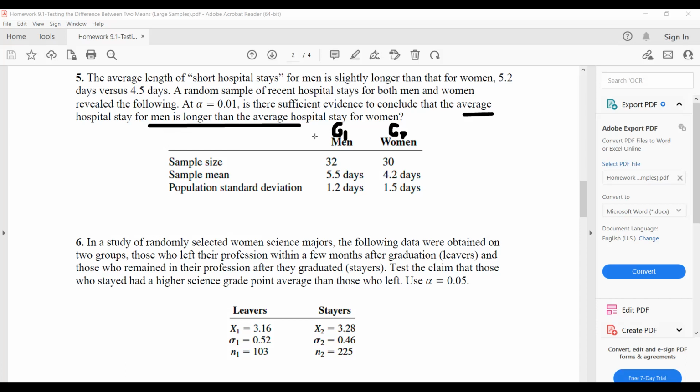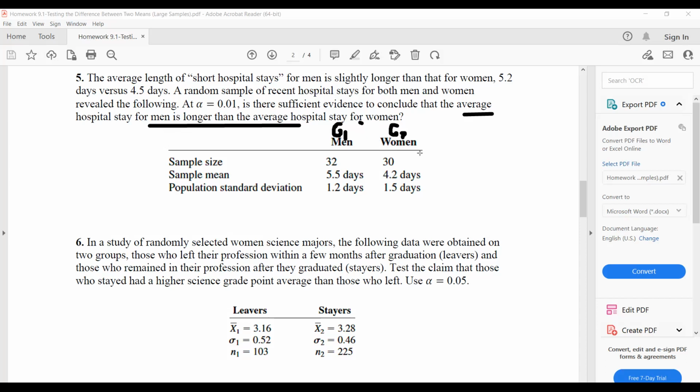In that case, if group 1 is the men and group 2 is the women, then you're going to have an alternative hypothesis that's right-tailed. If you decided to make the women group 1, then it would go the other way.